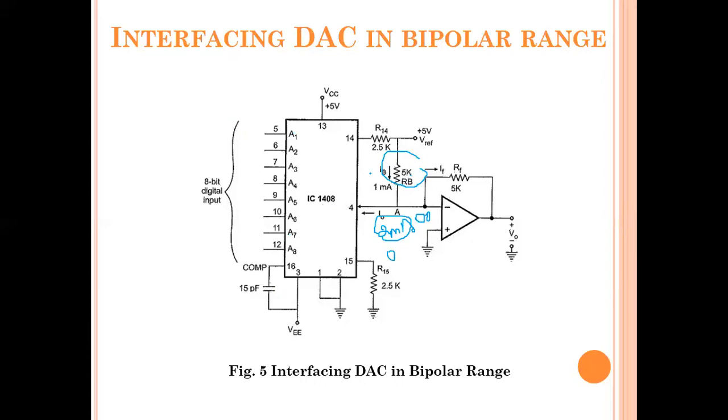But due to this resistance and from this reference voltage, the current passing through this resistance will be equal to 1 milliamp. So this 1 milliamp and the feedback resistor of 5 kilo ohms will produce output voltage equal to minus 5 volts. So for all zeros, for 00H, you will be getting output as minus 5 volts.